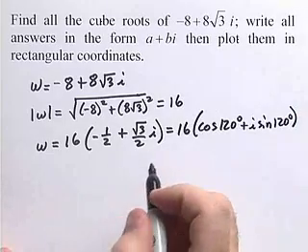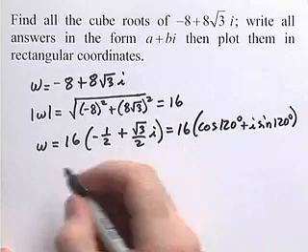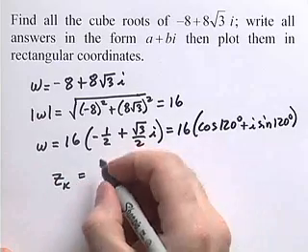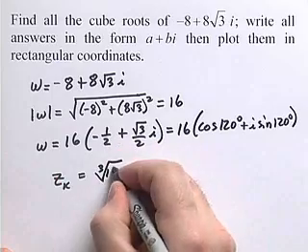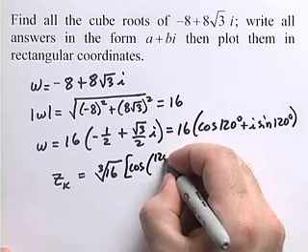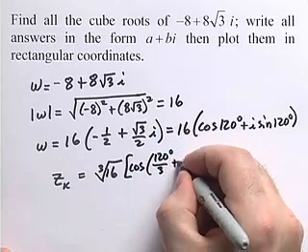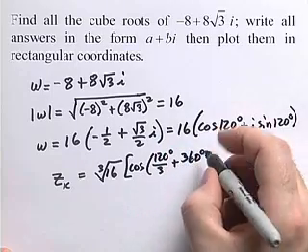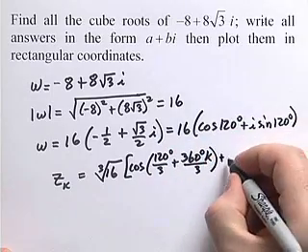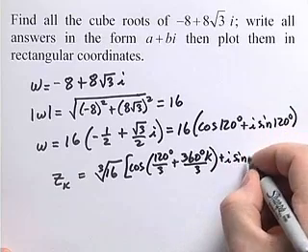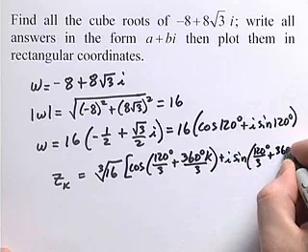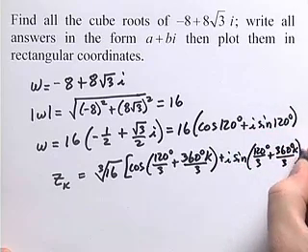And we have our polar form. Using de Moivre's theorem, the three distinct third roots of w are going to be given by z sub k equals the cube root of 16 times cosine of (120 degrees over 3 plus 360 degrees times k over 3) plus i times the sine of (120 degrees over 3 plus 360 degrees times k over 3).